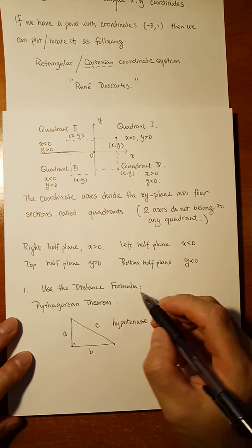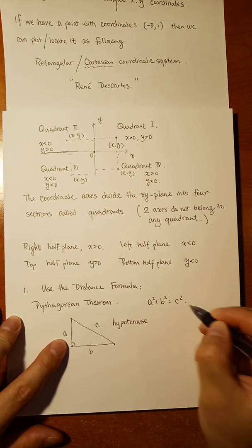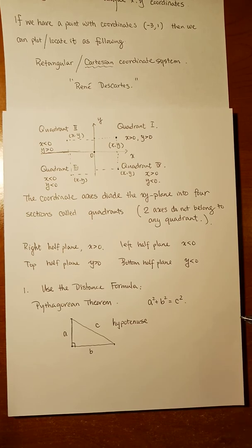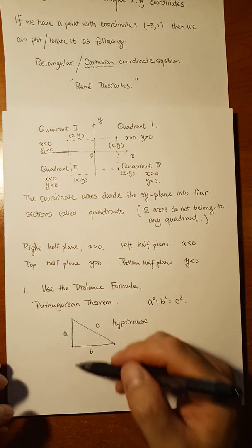The Pythagorean theorem says a squared plus b squared is equal to c squared. It is a very fundamental theorem in trigonometry and geometry. I assume everyone knows this.